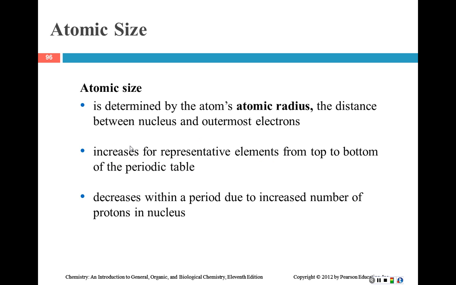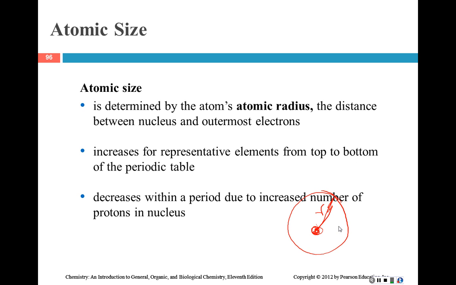Some of the other properties that we see on the periodic table: atomic size. The atomic size is determined by the radius, that is the distance from the nucleus to that outermost layer, to the valence electrons. Okay, and so this is just like with the circle, that's the radius.